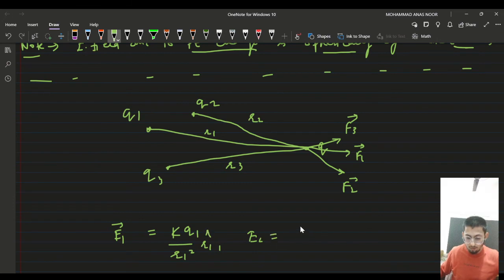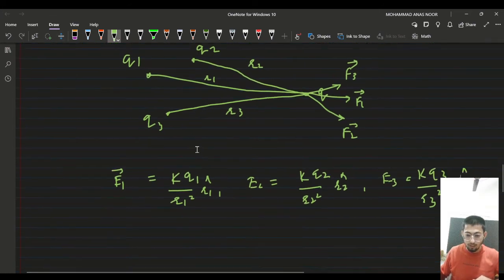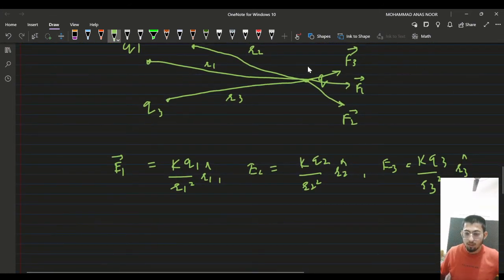E2 would be KQ2 by R2 square, R2 cap. E3 would be KQ3 by R3 square, R3 cap, because for each E we are assuming that the other charges are not present.